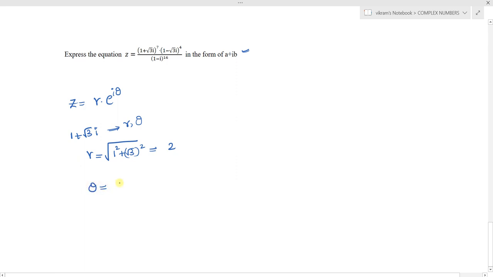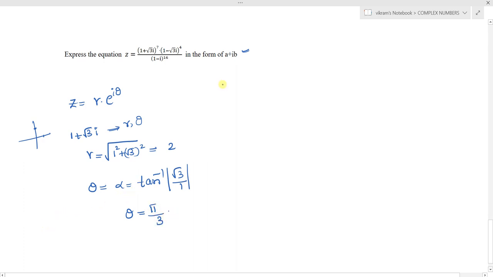And the argument theta can be found. First find out alpha. 1 plus root 3i is in the first quadrant: real part is positive, imaginary part is also positive. In the first quadrant, theta equals alpha. Then theta equals tan inverse of imaginary root 3 by real 1, so theta equals tan inverse of root 3, which is nothing but 60 degrees, or pi by 3.